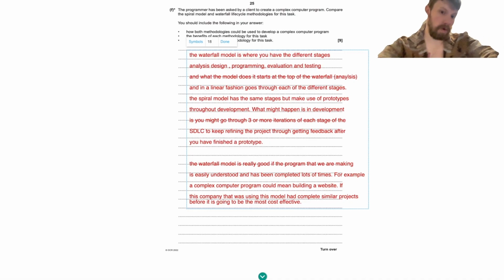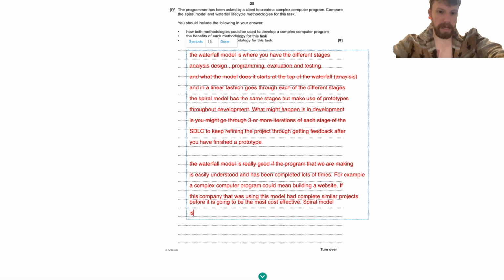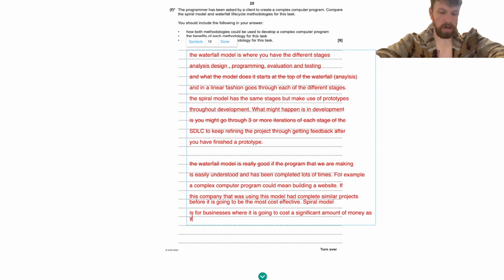And then what I would do is I would link this to the spiral model, but I'd maybe make a negative point about it. Spiral model is for businesses where it is going to cost a significant amount of money, as you have to make multiple prototypes.